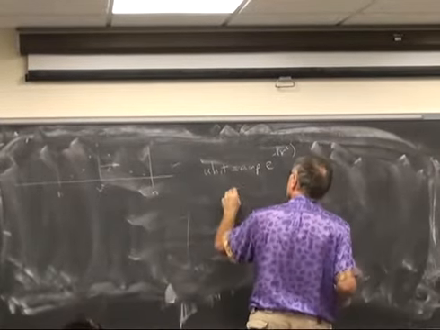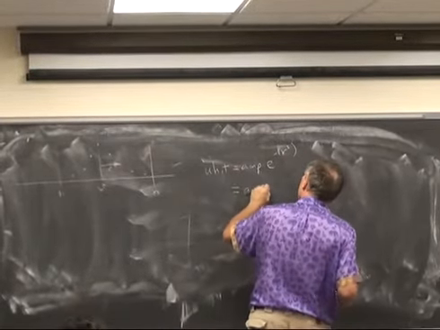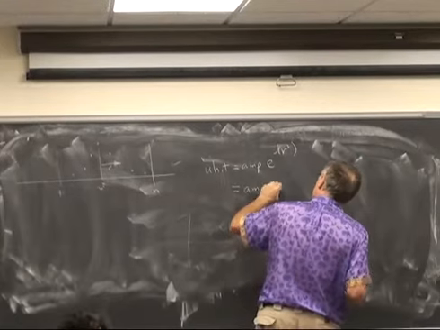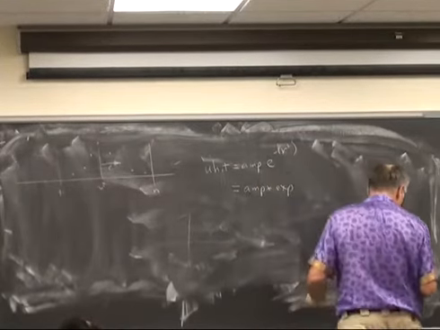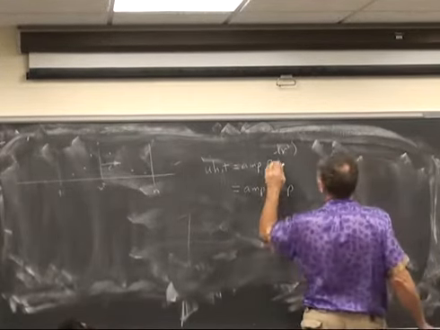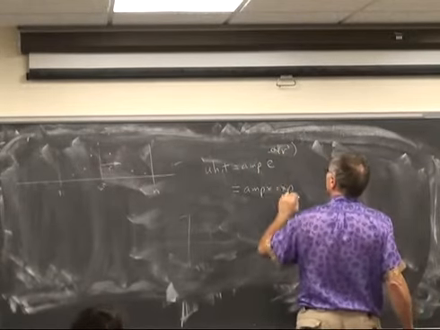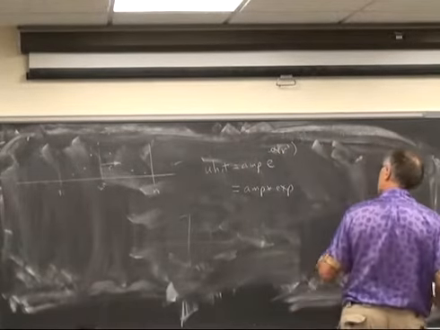This is therefore amplitude times exponential of, oh, we need some scaling factor alpha in here, which is the width of the distribution.